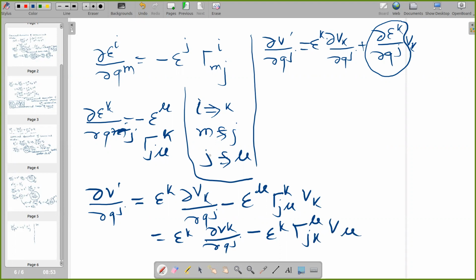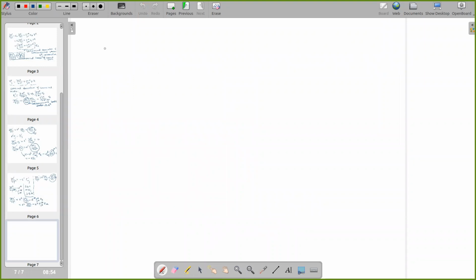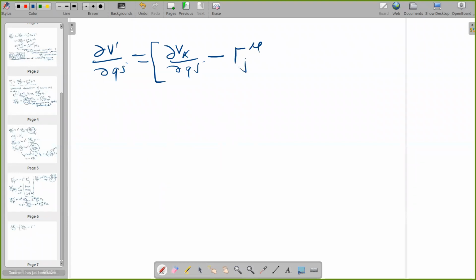Now we can take common epsilon K, this contravariant basis vector. When you take it common, we will have the vector relation. The term in the bracket is the coordinate derivative, and this is common.